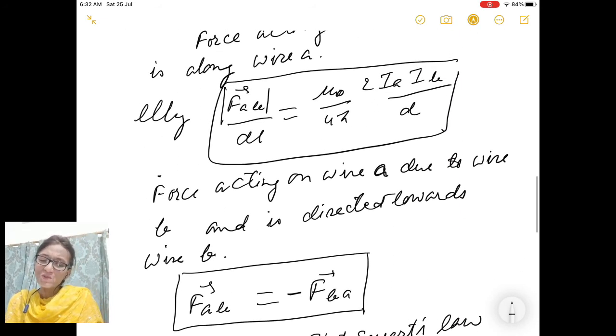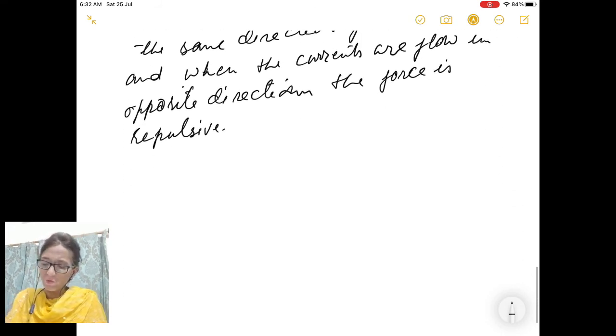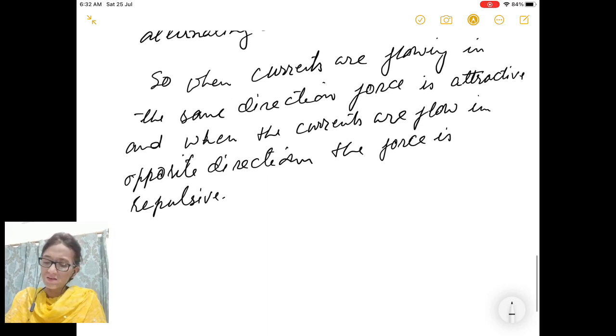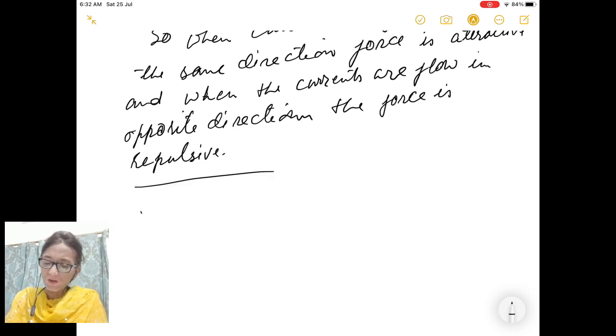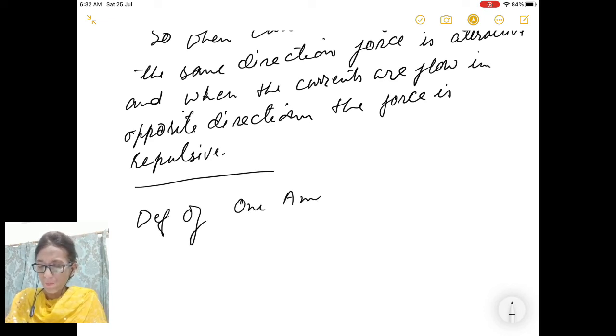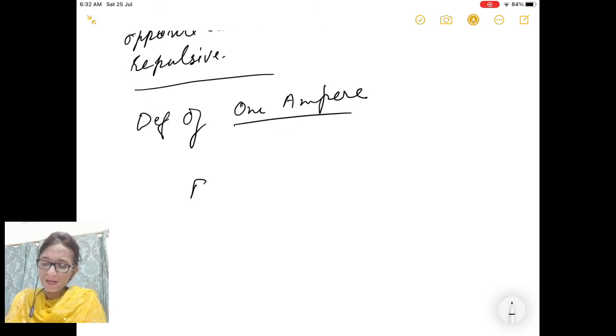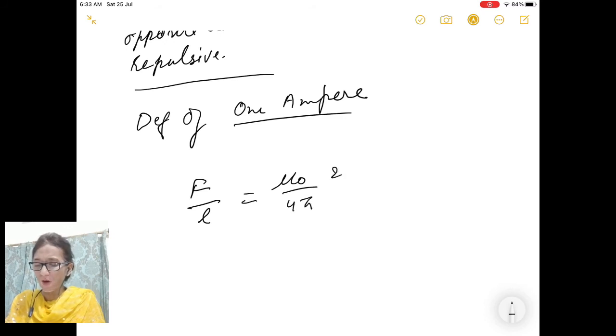Now using this formula, we can also define 1 ampere. Firstly, let me write the formula. Force per unit length, I am writing the magnitude of it, is equal to mu naught upon 4 pi 2 I1 I2 upon the distance r.